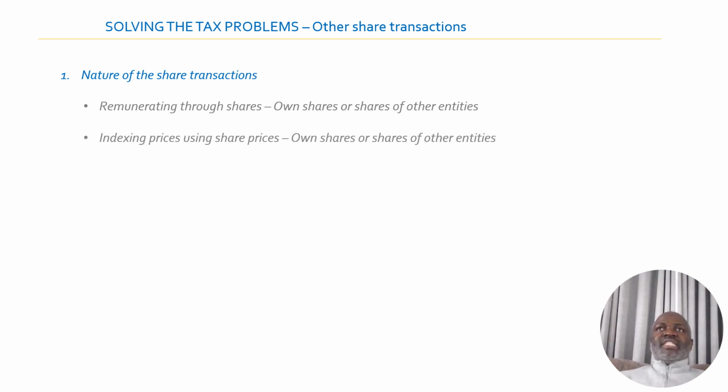Sometimes you have a transaction in which the taxpayers are indexing the price of the shares. So here, for tax purposes, the transaction is normal. It's just the amount for tax purposes that would need to be determined based on the indexing of other shares.